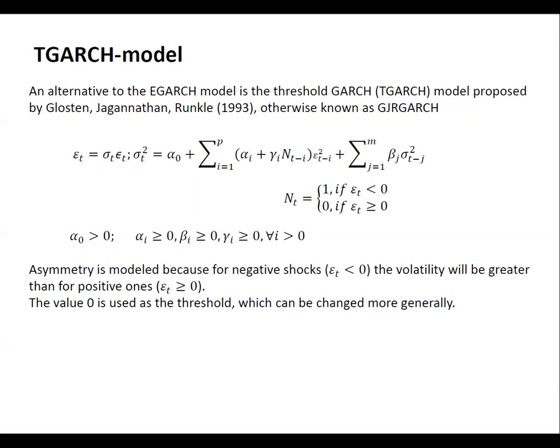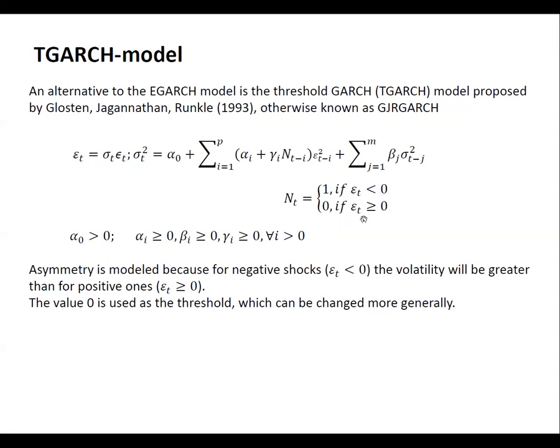As for the dispersion, we already get such a specification: alpha 0 plus a sum of order p, alpha plus gamma multiplied by n. Moreover, gamma is our asymmetry parameter here. But this one, n, is some threshold that takes the value either 1 or 0.